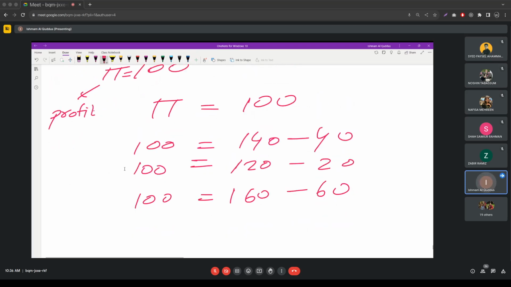What I want you to understand intuitively is that when you increase your revenue, your cost also goes up to some extent.